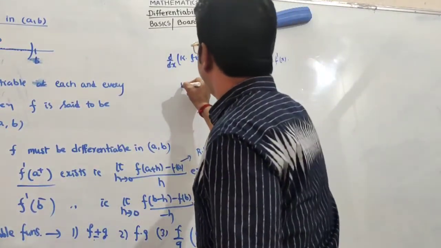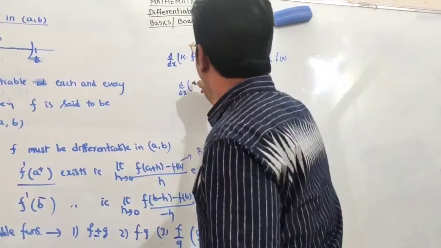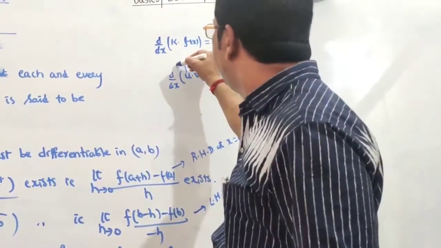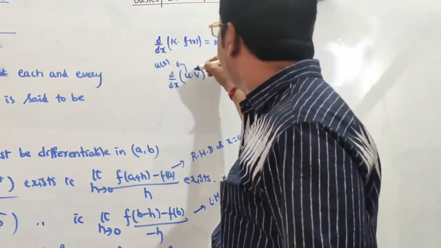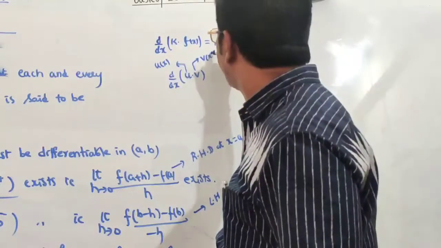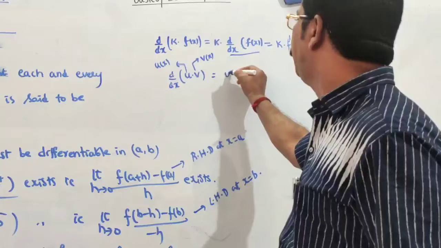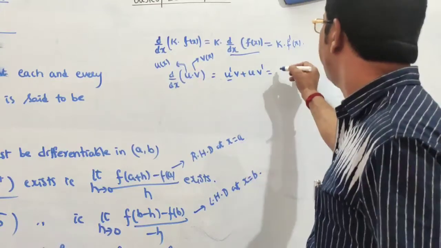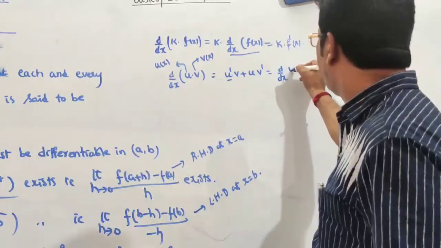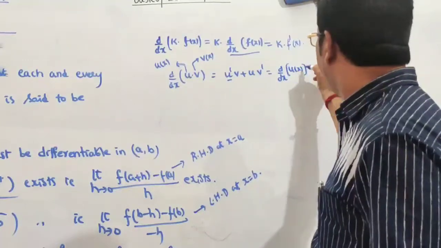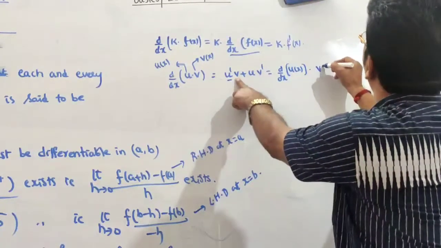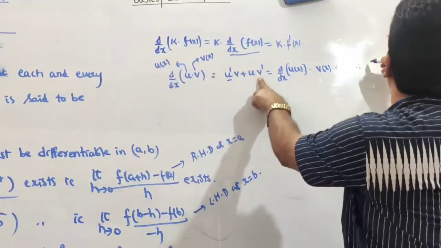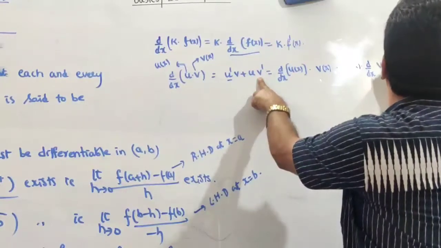Next, very important formula, d by dx of u into v. U is some function of x. V is also some function of x. So that is equal to simply u dash v plus u v dash. Full form, u dash means d by dx of u of x into v of x, second function, plus u of x into d by dx of v of x.